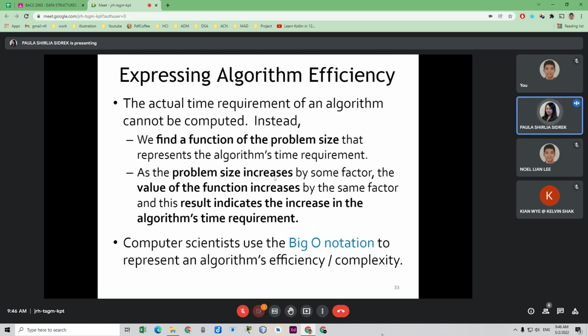Because as I mentioned, as the problem size increases by some factor, the value of the function increases by some factor, resulting in an increase of the time requirement.